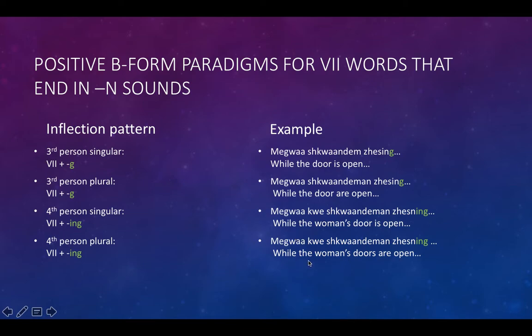It could mean while the woman's doors are open. Megwa means while. Kwe means woman. Shkwandaman means his or her doors in this case. Jesin is our VI word, and our ing suffix is our B form. But we get rid of that I sound in between the S and the N. So that's how we go from jesin to jesning.